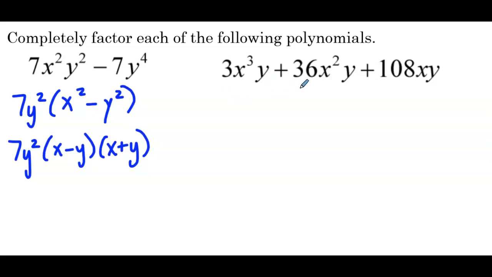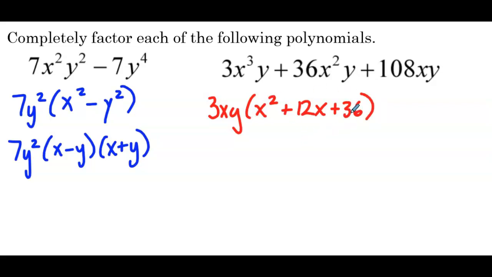3x cubed y plus 36x squared y plus 108xy. So looking for a greatest common factor, that's going to be 3xy. And if we take that out, we'll be left with x squared plus 12x plus 36.